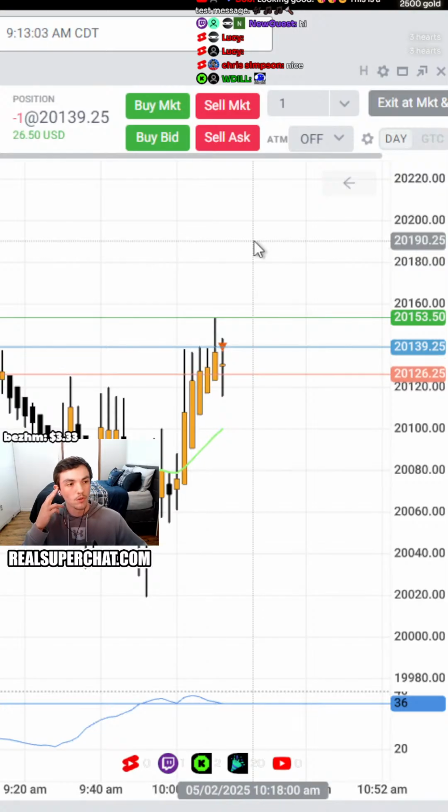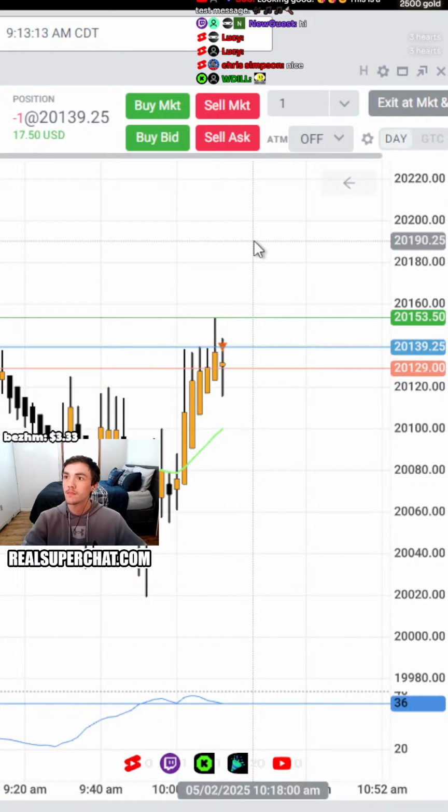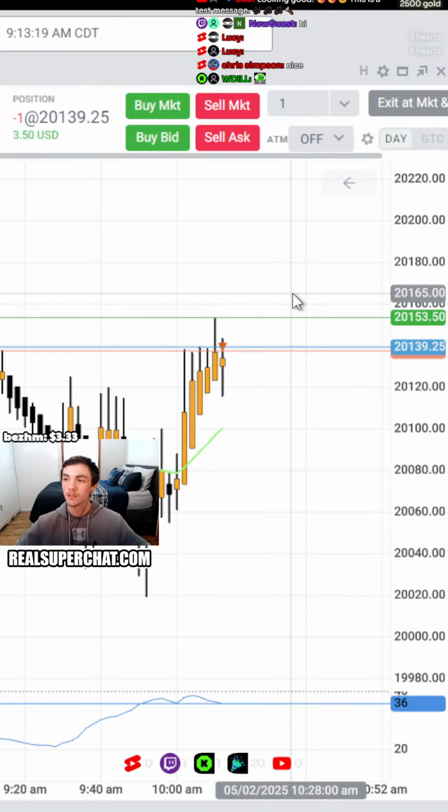Could have taken 20 points, waiting for 30. It's only one mini, not a lot of risk. Here we go. Be able to add some more.